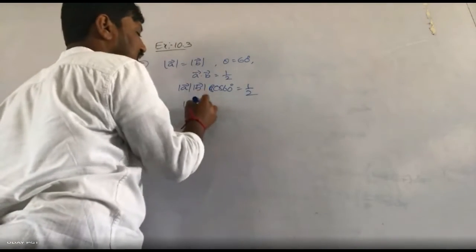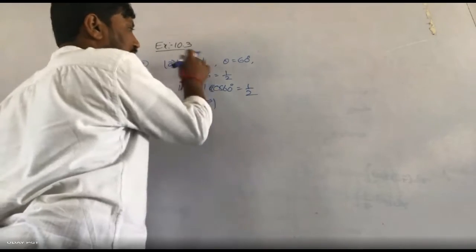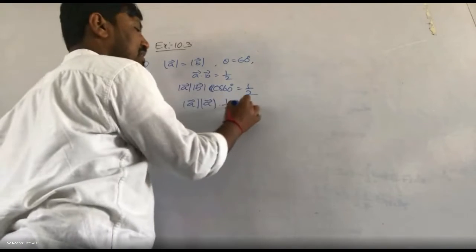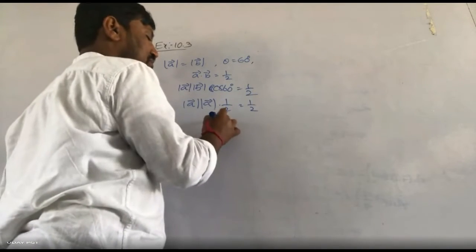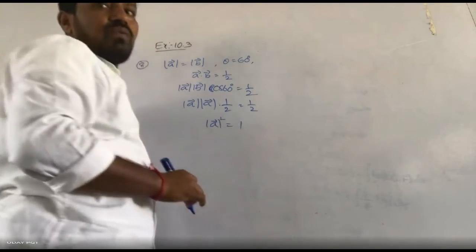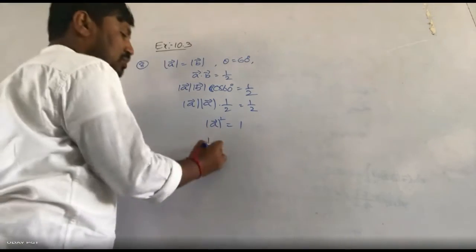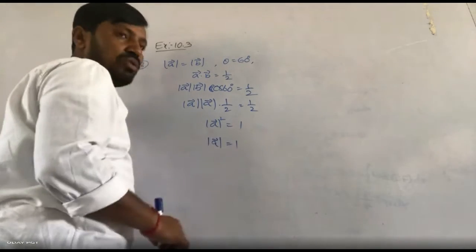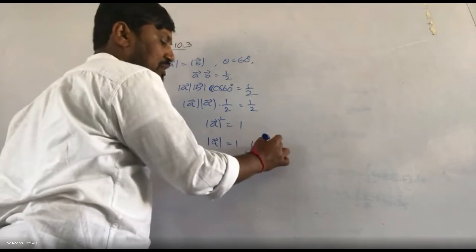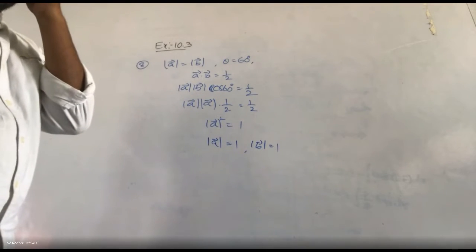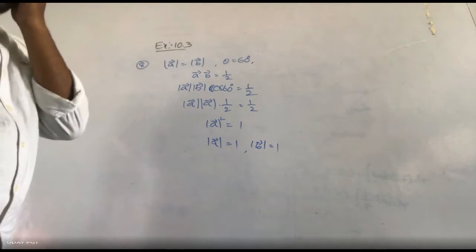Magnitude of A into magnitude of A, both are equal, and cos 60 degrees is 1 by 2. So magnitude of A square equals 1, so magnitude of A equals 1. Then magnitude of B also equals 1. Simple questions only. Even the 9th question you can do; it's not very difficult for you.